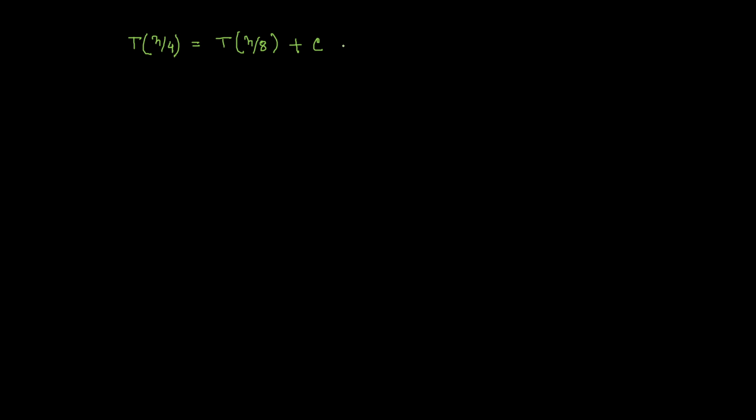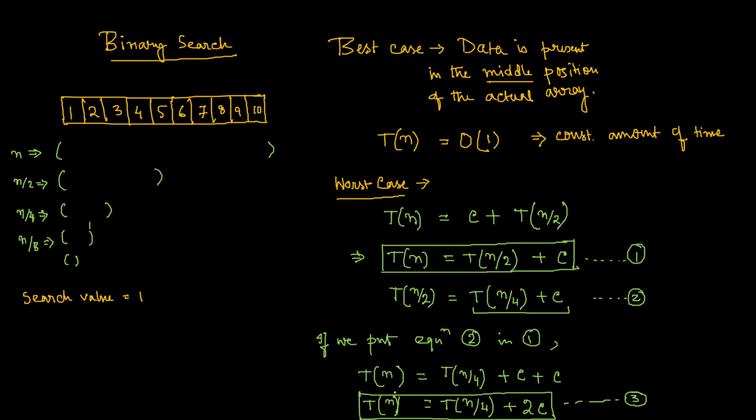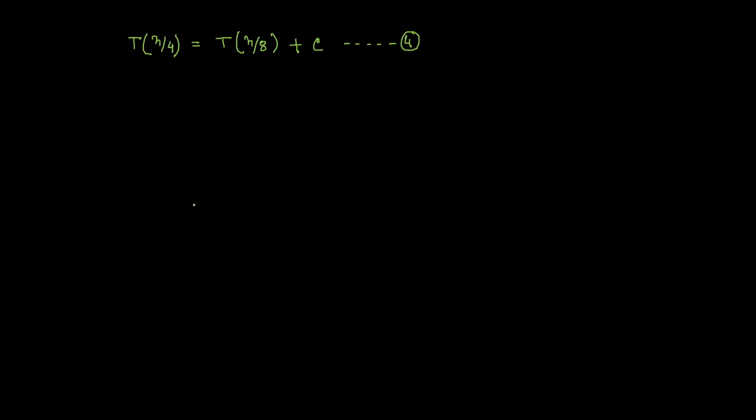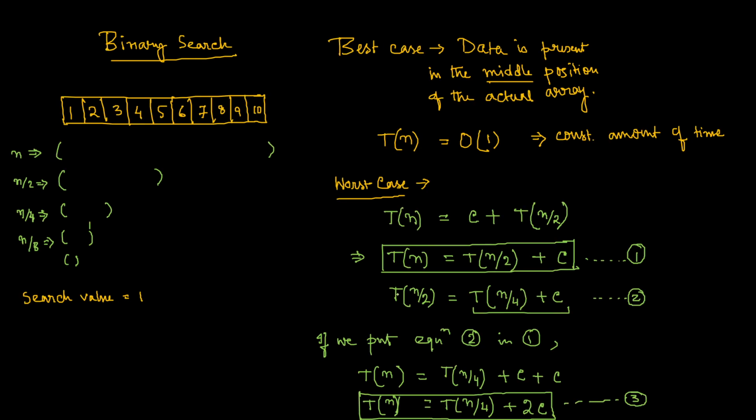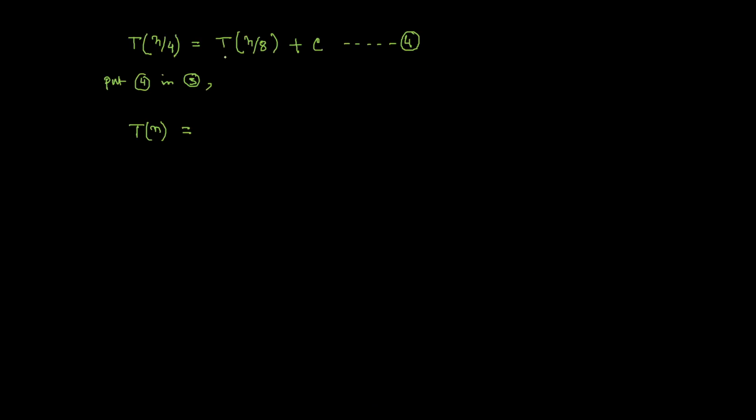So now suppose this is equation 4. If you place this equation 4 again in equation 3, what will I get? I will get T of n equal to, here we had T of n by 4 plus 2c, and T of n by 4 itself is this one.